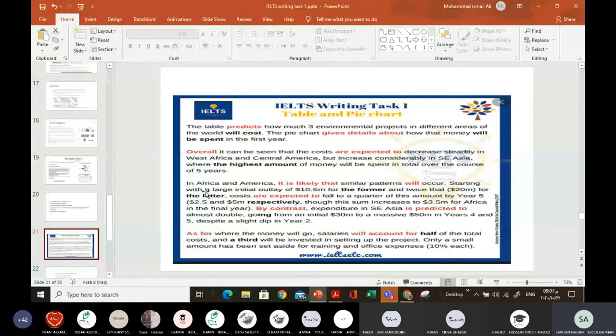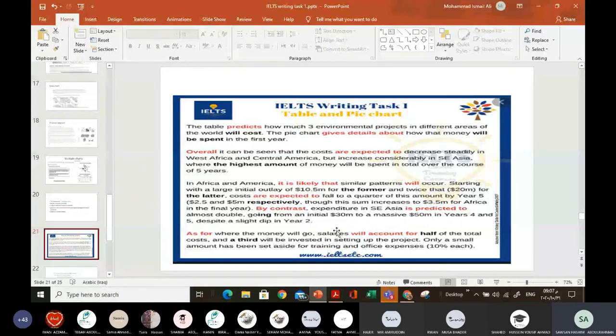In Africa and America it is likely that, similar patterns will occur, starting with a large initial equality, and everything, girls, is fact. Are expected to, passive voice. Is predicted to, passive voice.